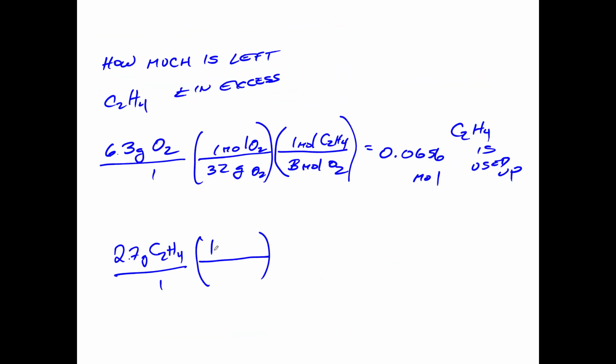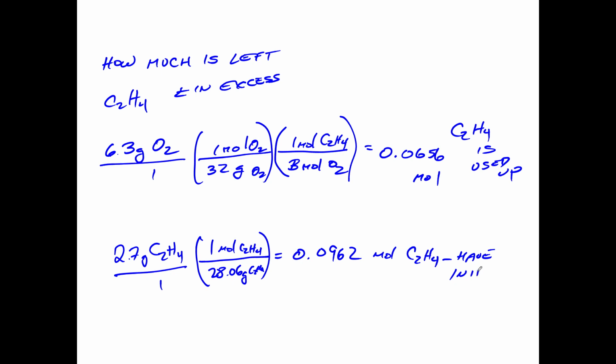So that's 1 mole of C2H4 divided by 28.06. And so we do that math, divide by 28.06, and you're going to get 0.0962 moles of C2H4. That's what we have initially.